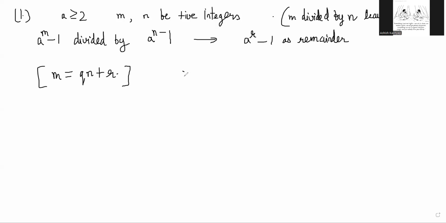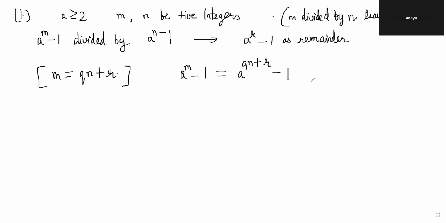Then a power m minus 1, how can we rewrite it? We can write it as a power qn plus r, minus 1, right? Yeah. Okay. So this is the point where you have to think about it. We have to divide it by a power n minus 1, right? Yeah. And prove that the remainder is a power r minus 1.